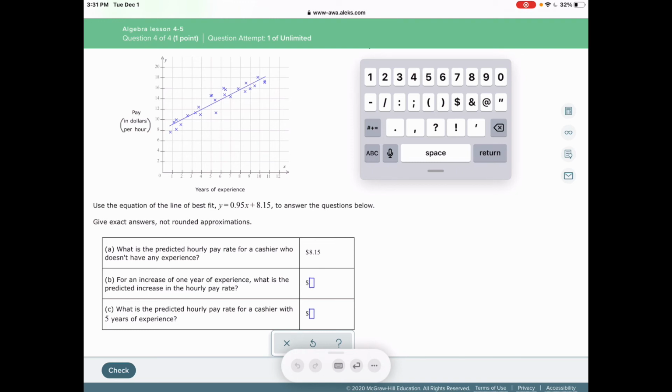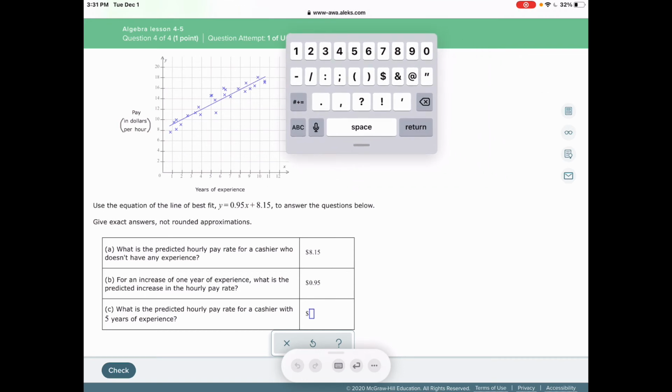So let's see, we're going to type in 0.95 is the increase. Interesting, so not quite $1.